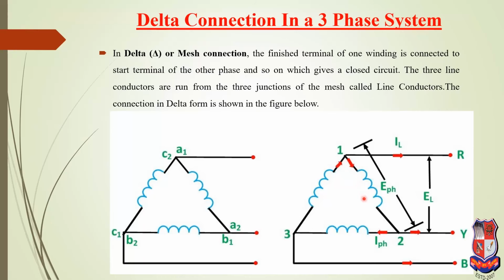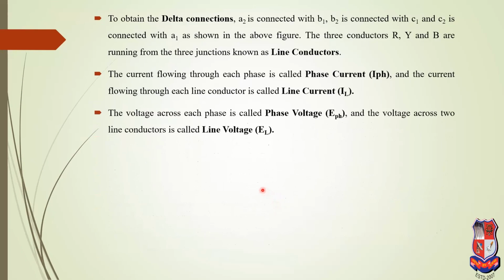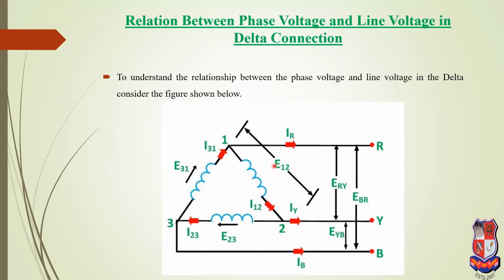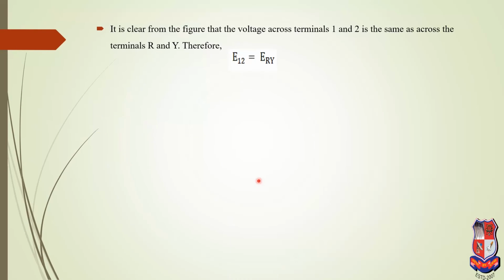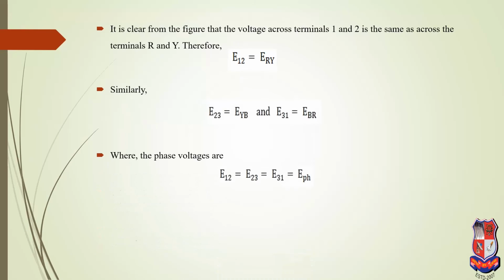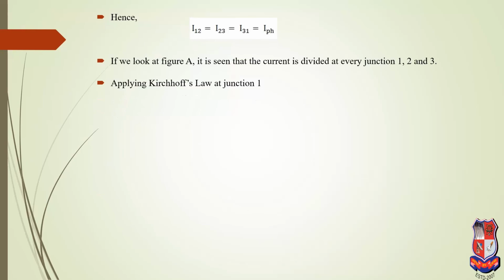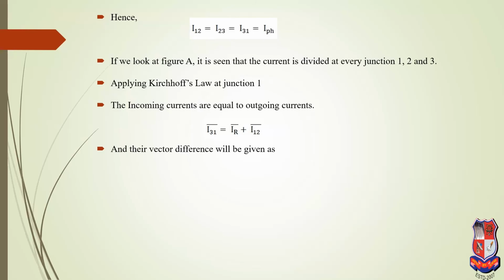In the diagram, I31 is equal to I12 plus IR. Now another vector difference will be given as IR is equal to, from this equation making IR the subject, that means the line current is equal to I31 minus I12.